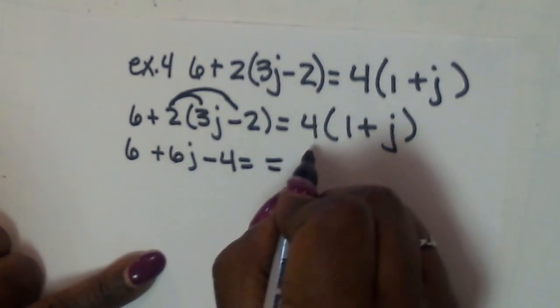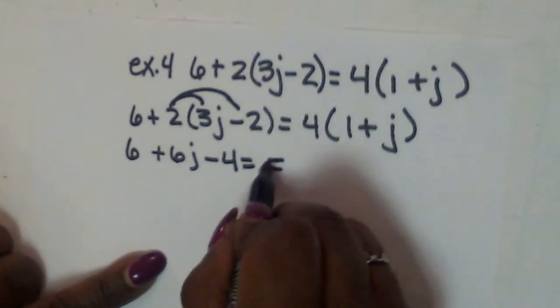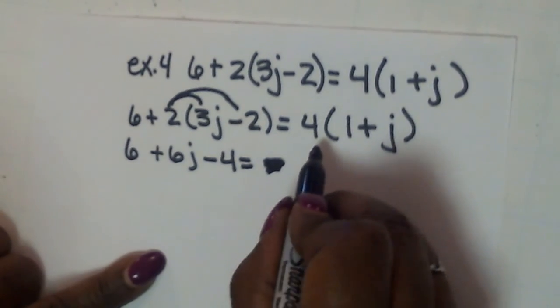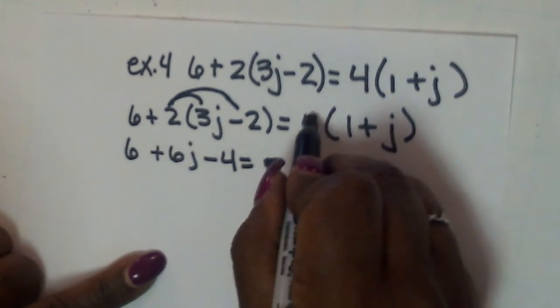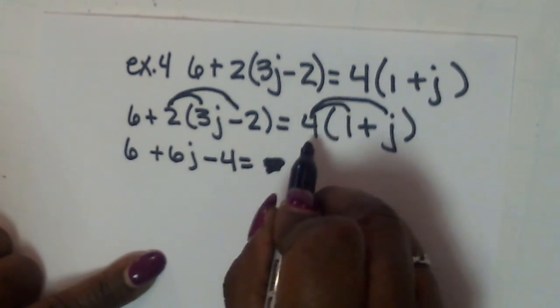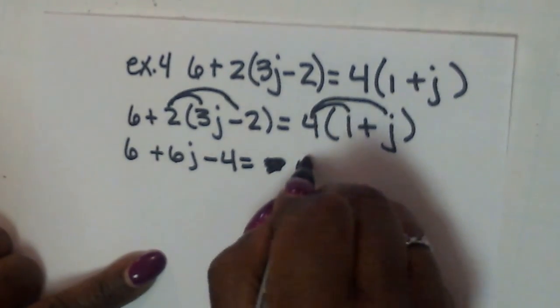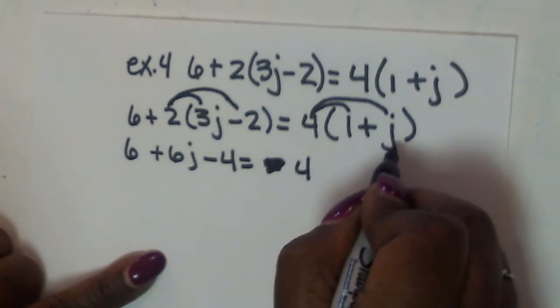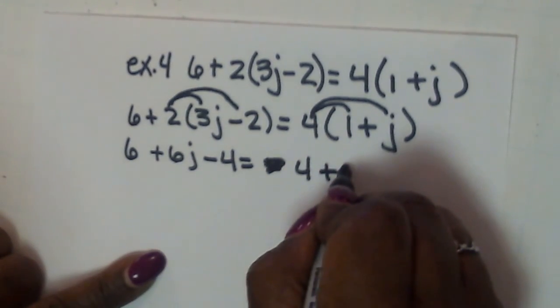Now, let's work with the parentheses on this side. Oh, I didn't need one set of equal signs. Okay. Now, again, I'm going to draw my lines. Keep me focused. 4 times 1 is 4, and 4 times j is 4j.